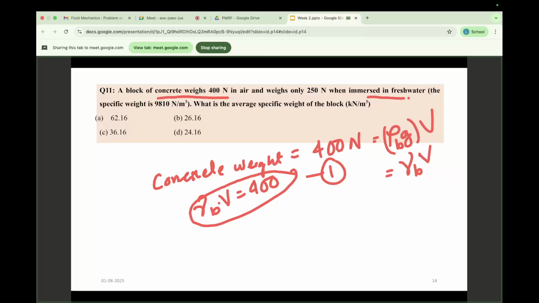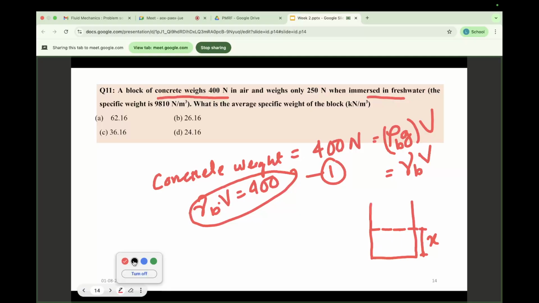Then when it is submerged in fresh water, say initially the level of water is x. After dropping this block into the water, its level will increase, right? So say it is y. So what is the difference? The difference is y minus x. That means the level of water increase is y minus x.